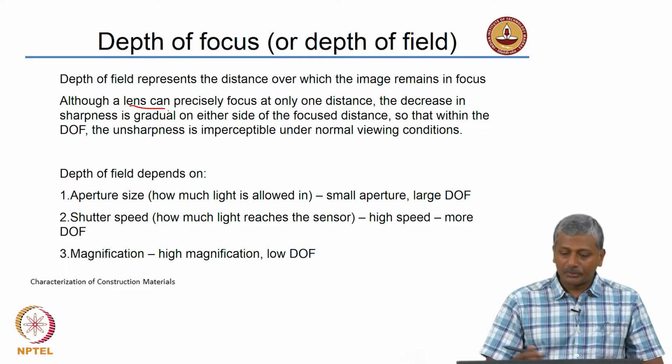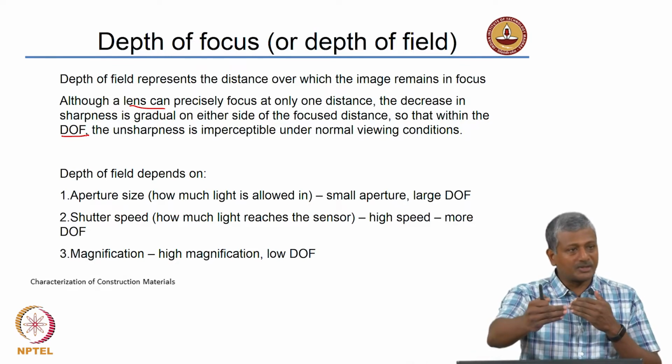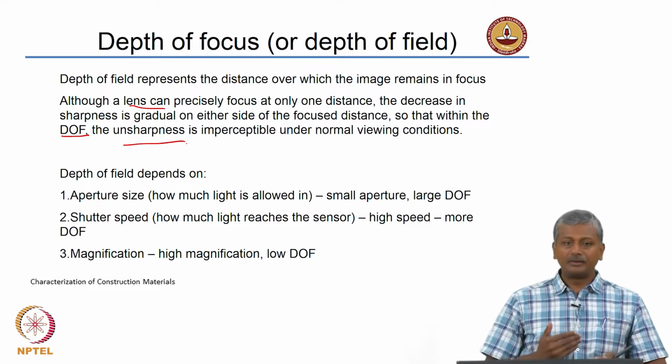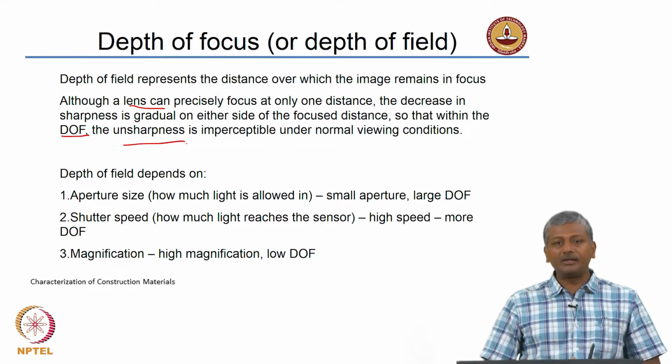Okay. So, within the depth of field, that means within the depth over which you can see images, the unsharpness is imperceptible. That means all the other components that are within the depth of field can also be seen quite clearly in the image or in your eye. So, that is the idea of a depth of field.